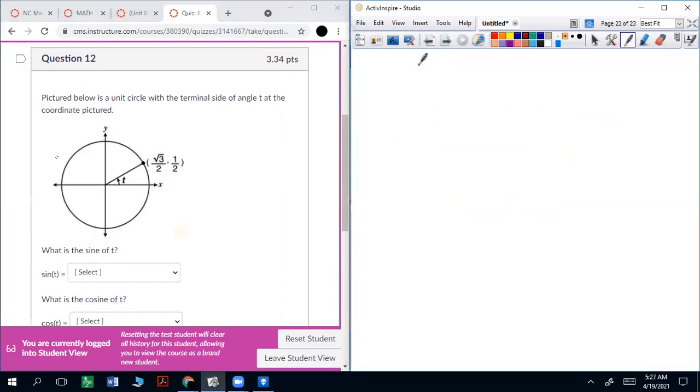All right, pictured below is a unit circle with the terminal side of the angle t at the coordinate pictured. What is the sine of t? All right, well, the sine is the y value. So the y value is going to be 1/2. So the sine of t, t is your angle here, is equal to 1/2.